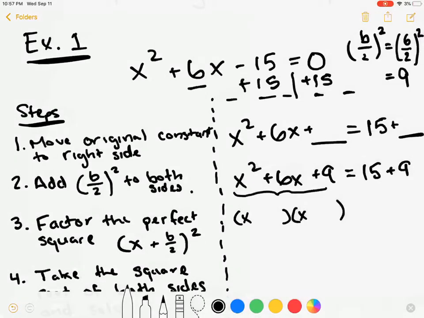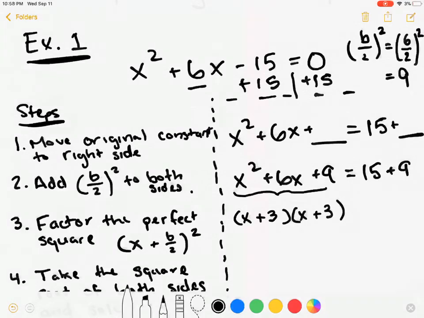And there's one factor pair that does that, and it's easy to see that we're going to have both positive 3 as constants. 3 times 3 will give us 9, and 3 plus 3 adds to our linear term as well. It adds to a positive 6. So we've got x plus 3 times x plus 3 as our factorization.